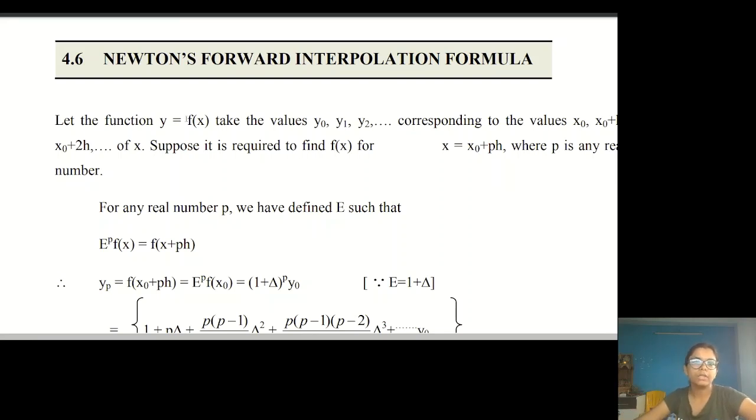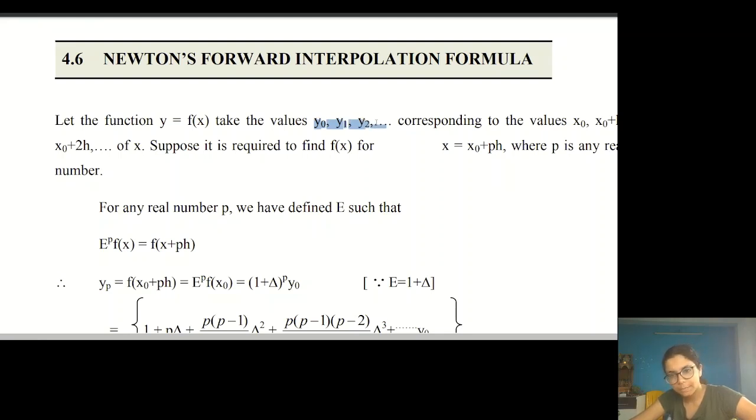Now we have taken a function again, y is equal to f(x), which takes up values like y0, y1, y2. We already know that interpolation requires that for every x value we have a corresponding y value.